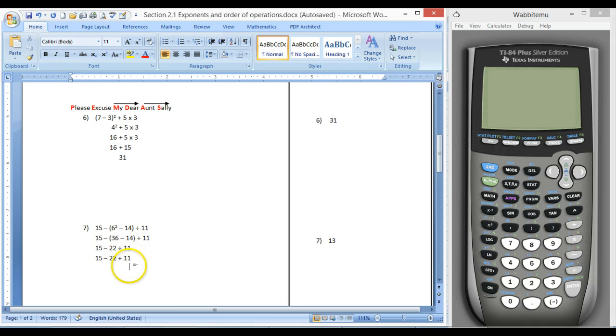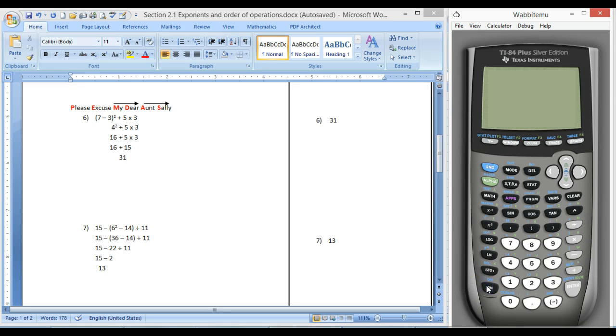And I need to do 22 divided by 11 first. 22 divided by 11 is 2. Okay, so now my next step is adding and subtracting because I've done all of the multiplying and dividing from left to right. So now I need to add and subtract everything. So here, 15 minus 2 is 13. There we go. And let's verify it on our calculator.